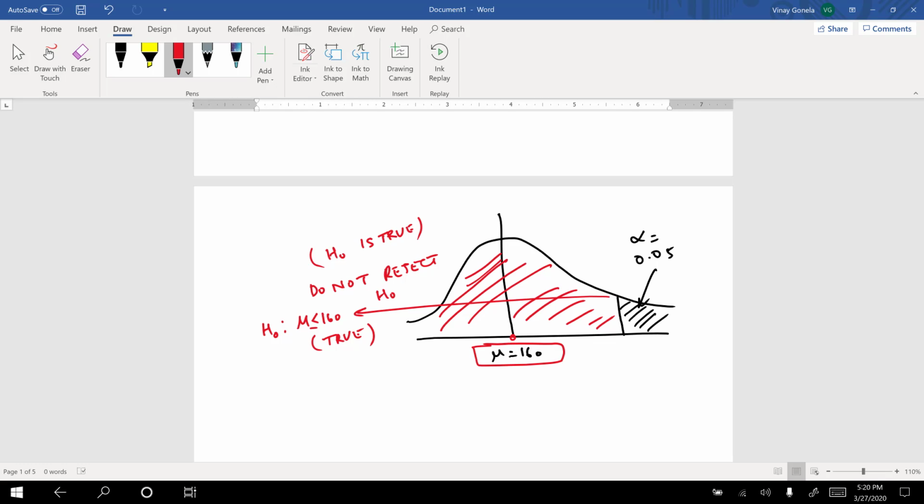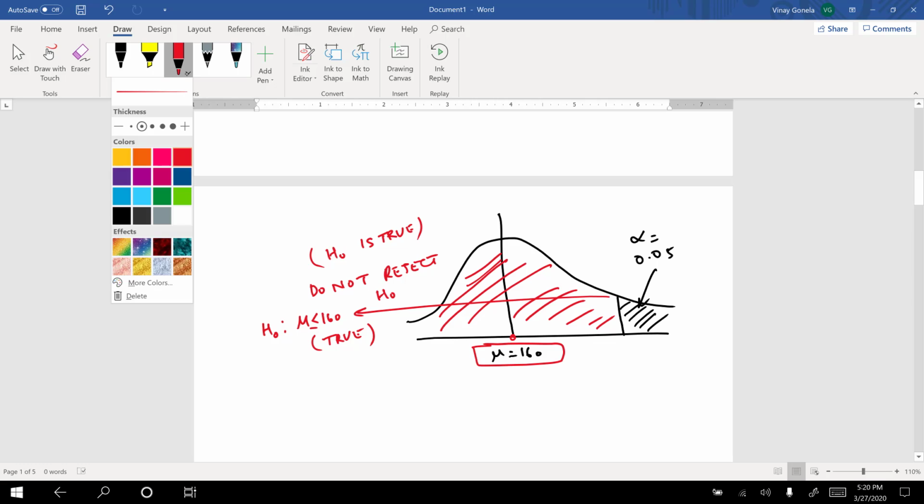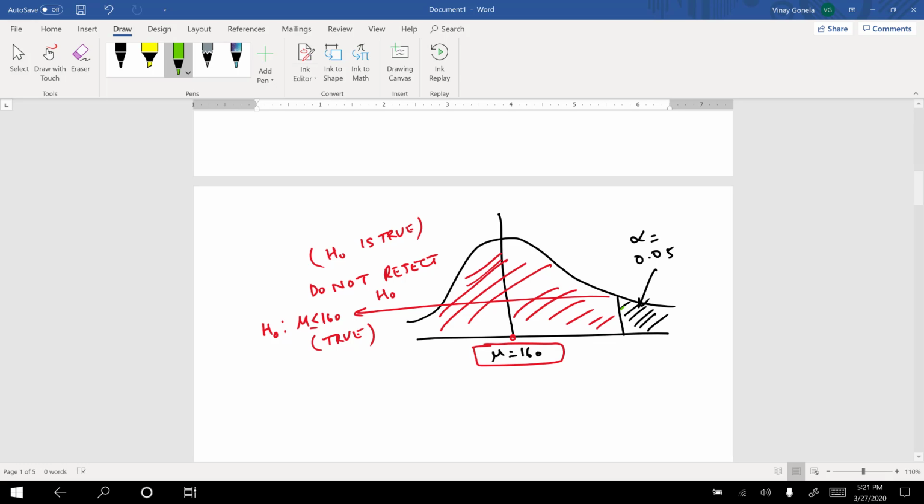So anything above this point, this area, is reject H null. This is the area where we are saying it will be more than 160.